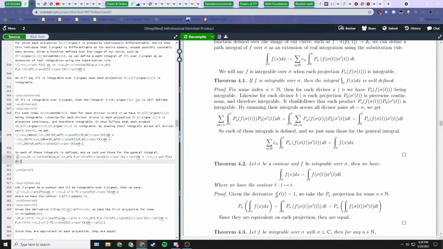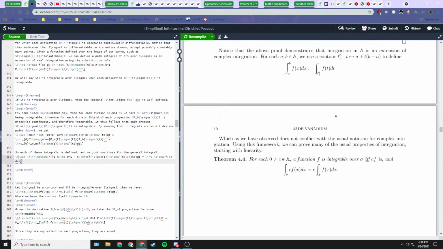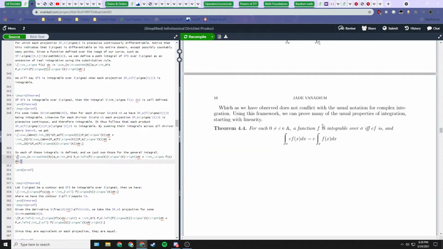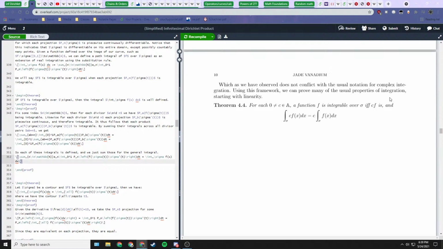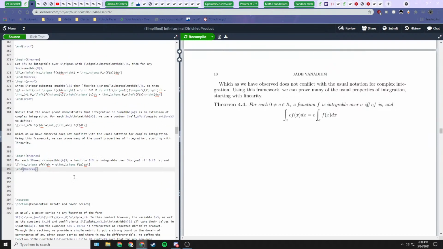Okay. Where were we? This is this, this is that. Okay, F is integrable over sigma, even. So we'll start with the product formula.